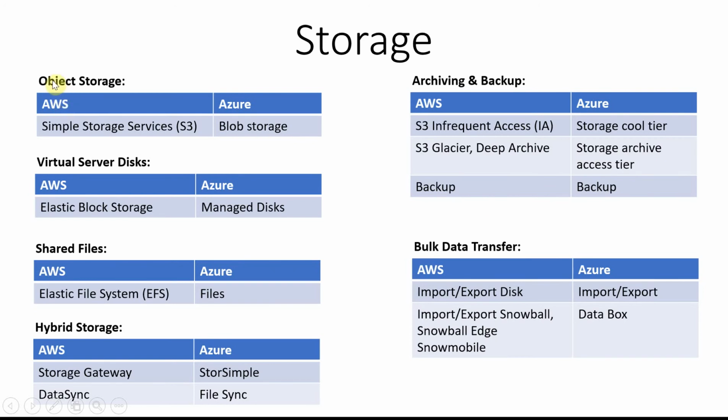If you come to object storage, where even text and blob, everything is an object, a blob or a glob, object storage plays a major role. On the AWS side, it is S3, Simple Storage Service. On the Azure side, it's Blob Storage.